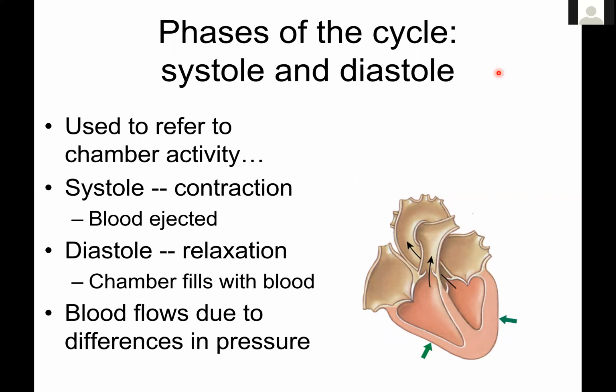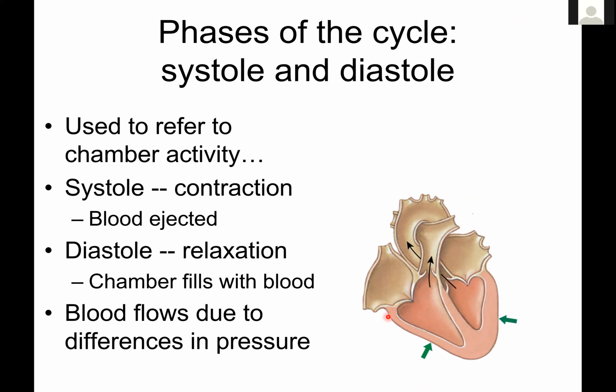Diastole is relaxation. This is the time during which the volume in each of these chambers is getting larger. And as you probably are aware, pressure and volume have an inverse relationship. If you increase volume, you decrease pressure. So the higher the volume, the lower the pressure.